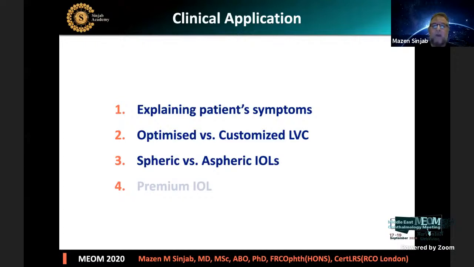In addition, we can select between spheric and aspheric IOLs because in case of high-order aberrations, it's better not to implant a negative or positive aspheric, it's better to avoid changing the spherical aberrations.